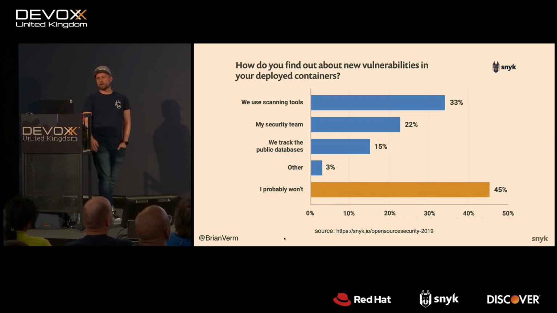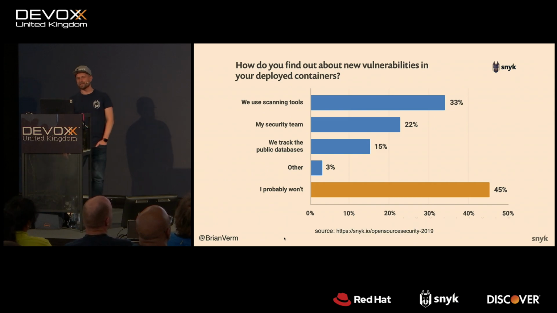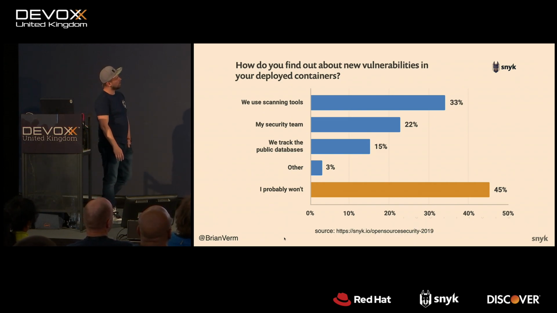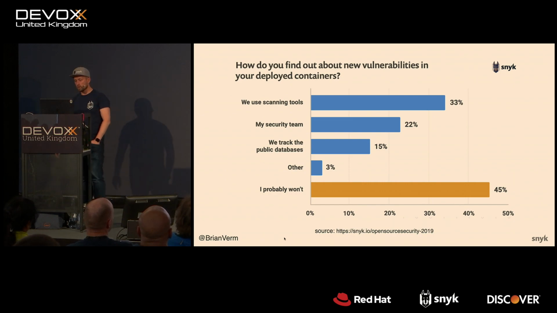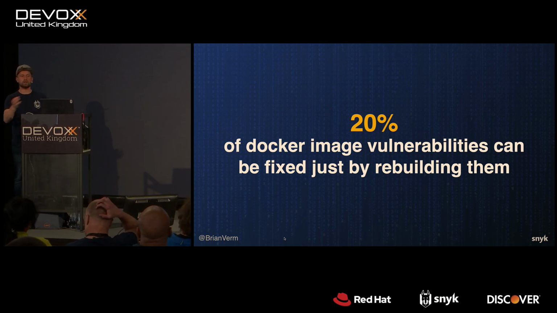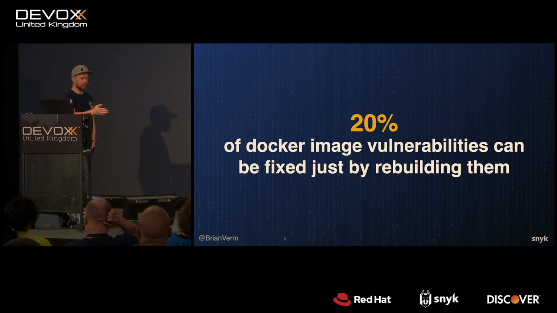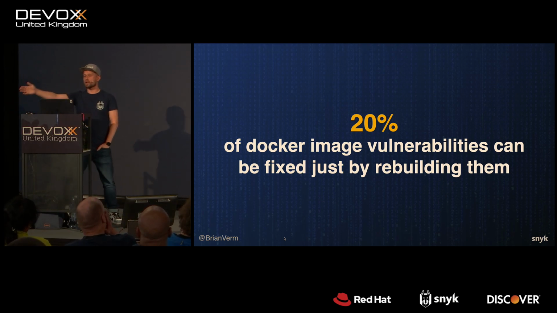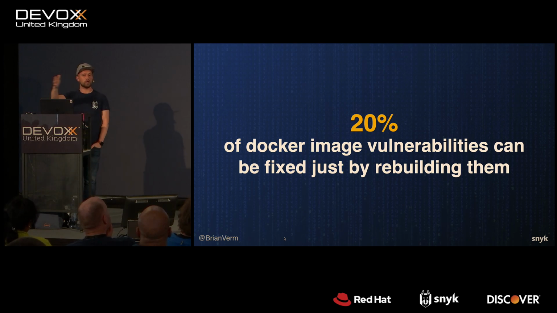How do you find out about vulnerabilities you deployed in deployed containers? We asked the same people at that open source security summit. 45% said, I probably won't, which is scary. We also found out that 20% of Docker image vulnerabilities can be fixed by just rebuilding that same image, because you're using either a latest tag or a rolling tag. Building Ubuntu latest now versus Ubuntu latest next week is probably different because they upgrade.